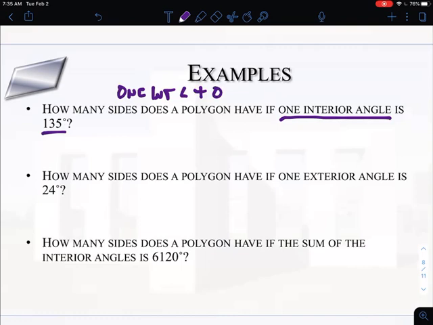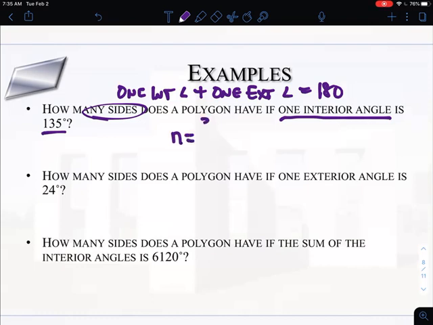So one interior angle plus one exterior angle will always equal 180 degrees. The interior and exterior angle, because we're just extending the outside for exterior, are always supplementary. They're a linear pair.